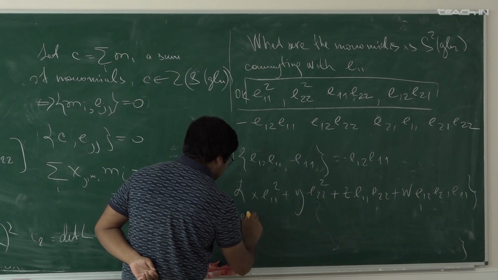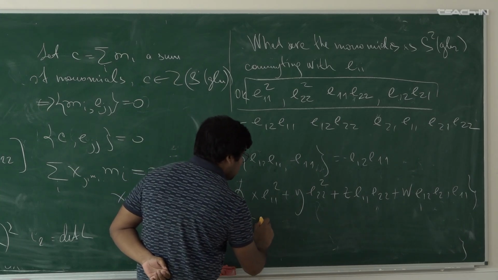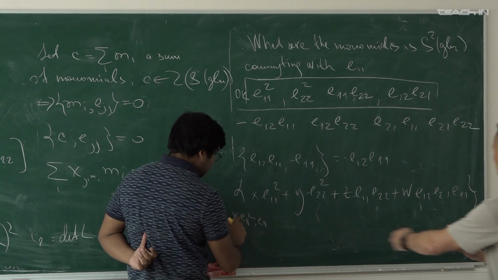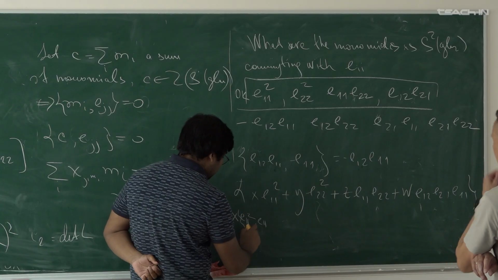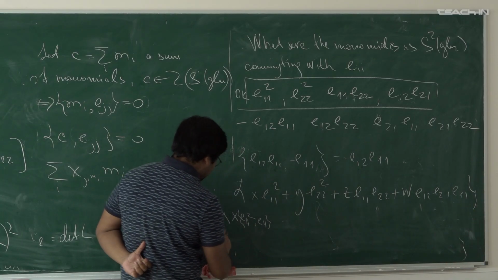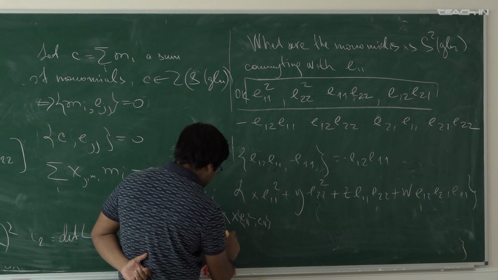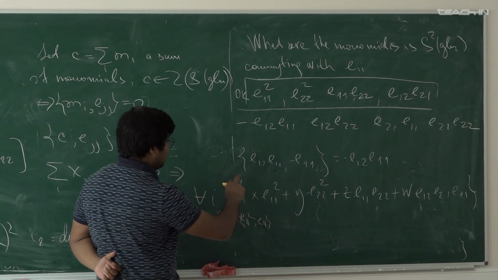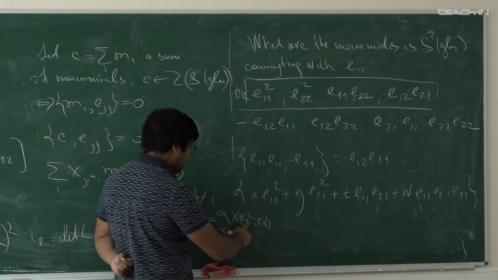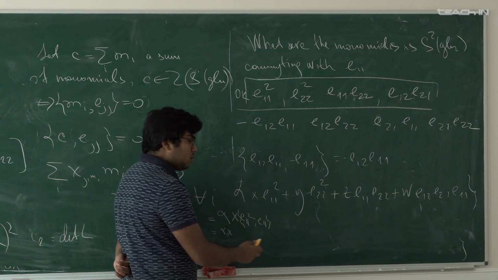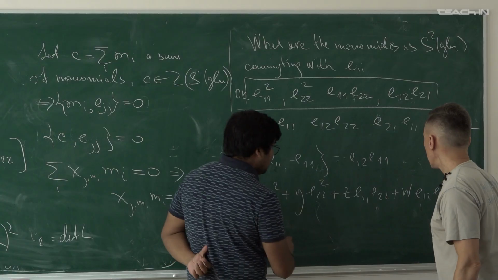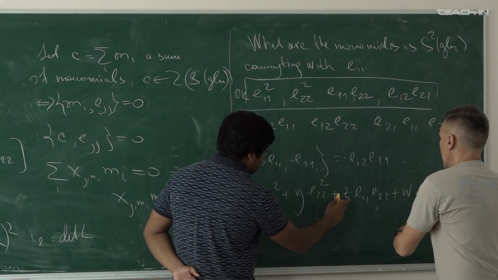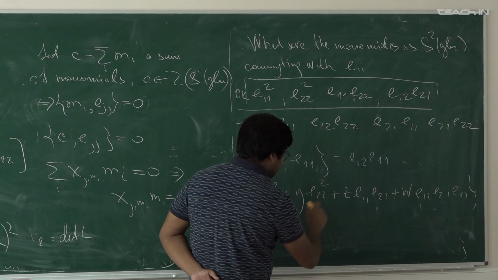You see, it's 0. So you get something like this, 0 overall. The same is here, because they commute. So you just have only this one.